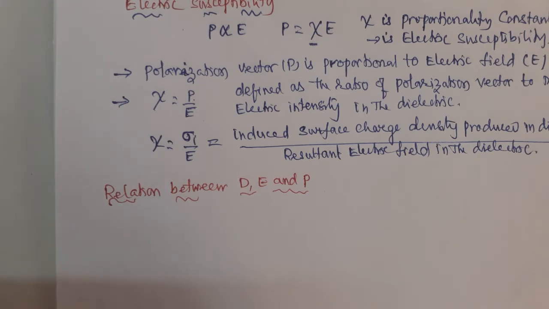The electric displacement at a point is defined as the product of the electric field strength at that point and the permittivity of the medium.